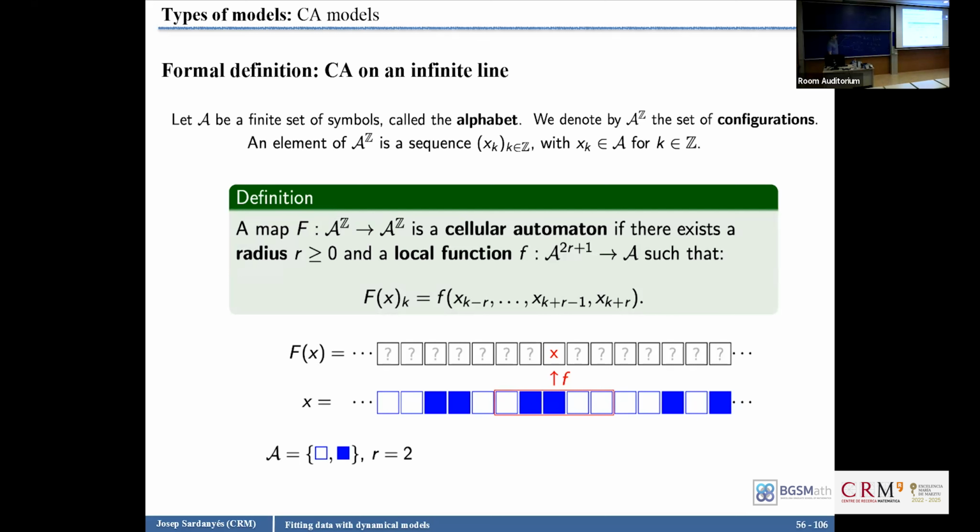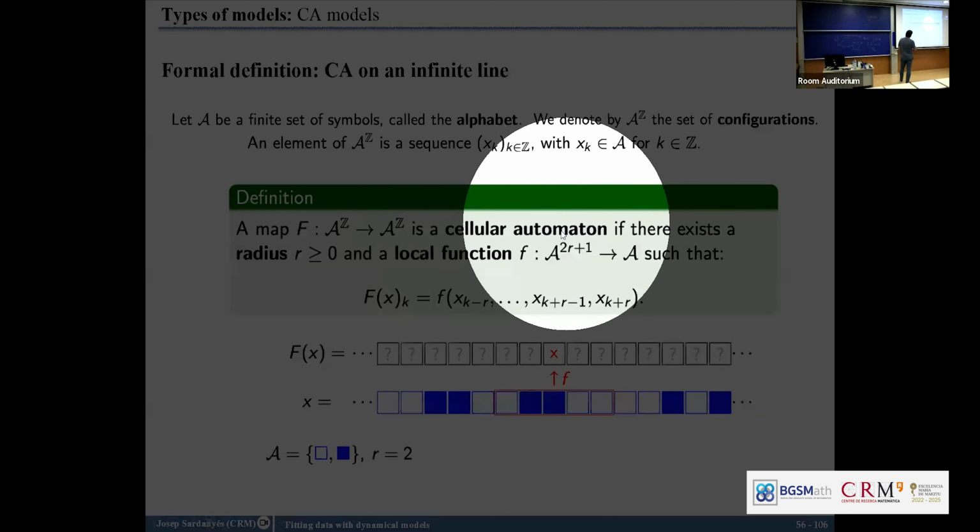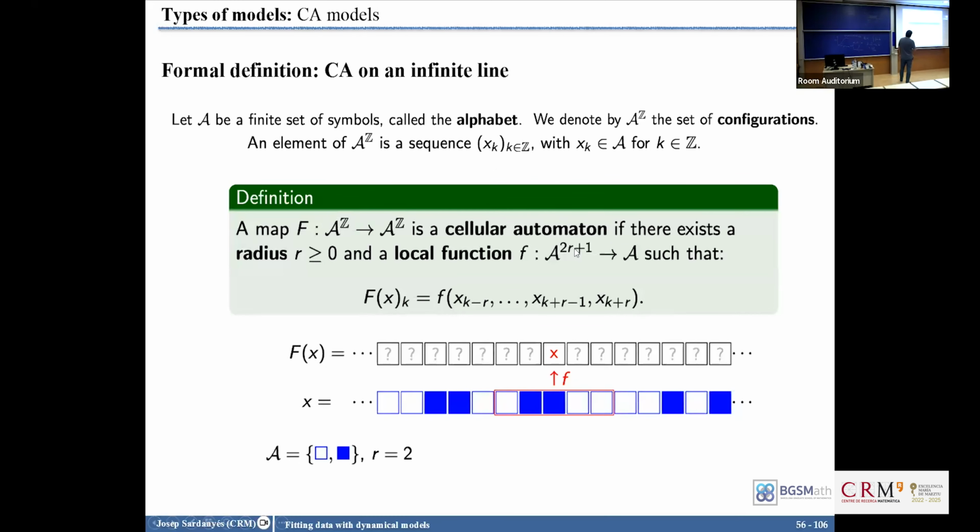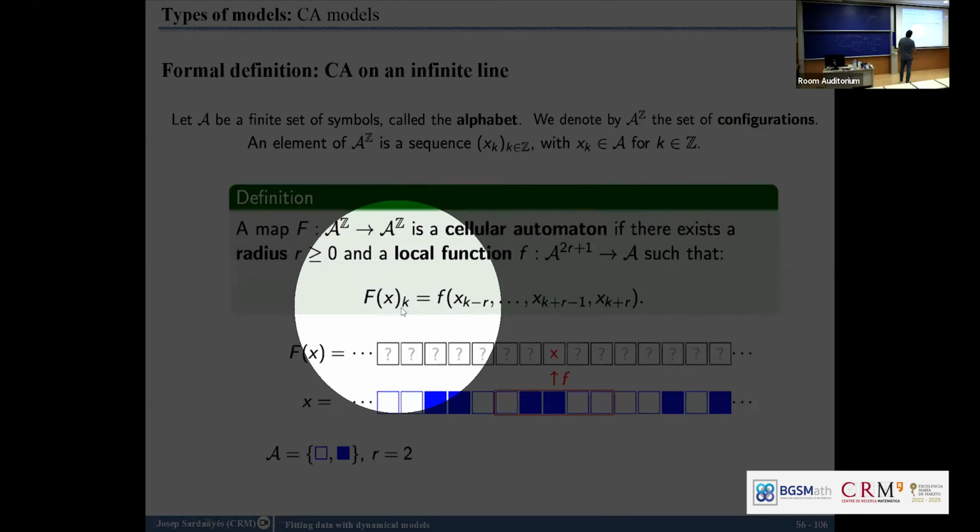Cellular automata are very powerful, as I will show you now. Mainly, a cellular automaton consists of a finite set of symbols, which is the alphabet. We can have a binary alphabet, 2 symbols. And then we have a local function f, such that the output of this function depends on some cells.